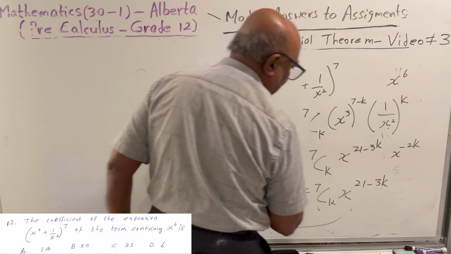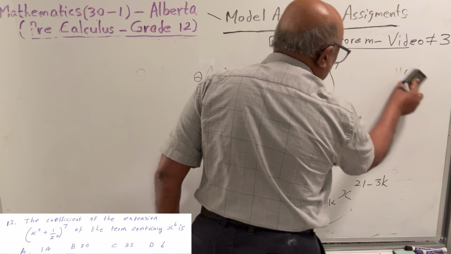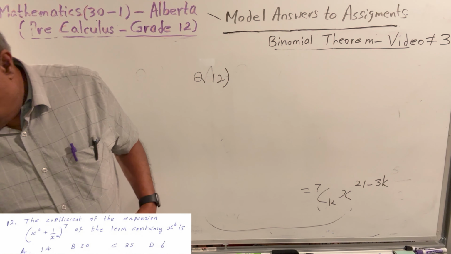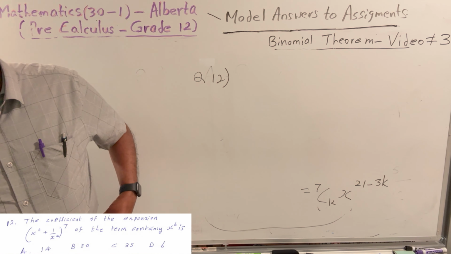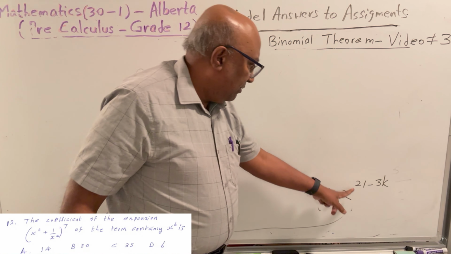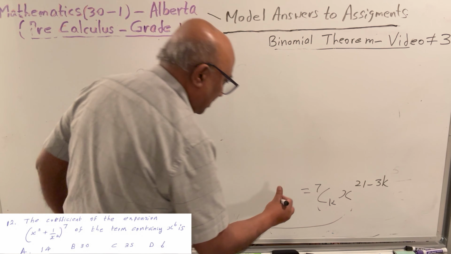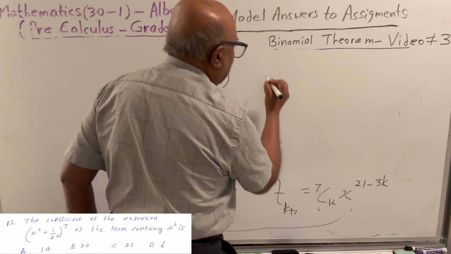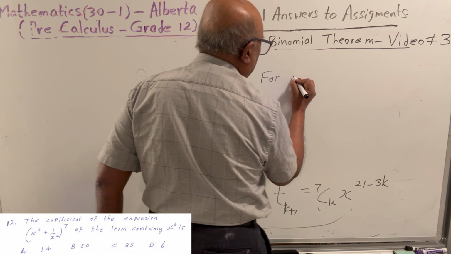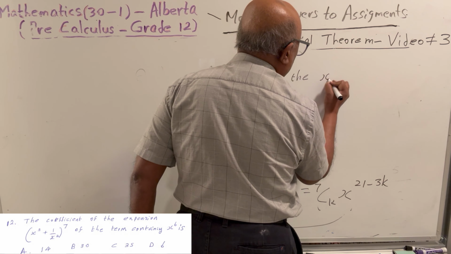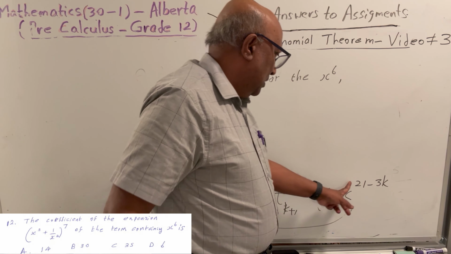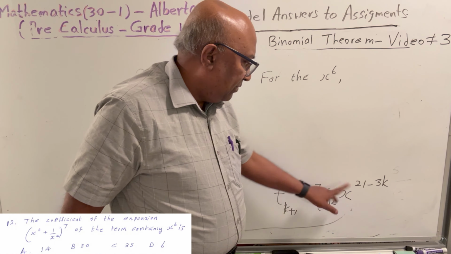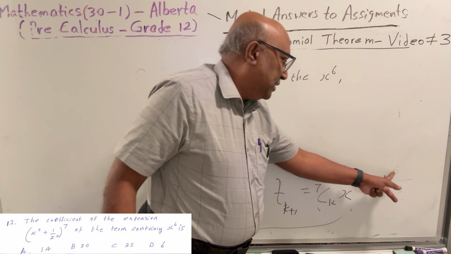Now what the question says, we have to figure out the term containing x^6. This is the general term. For the term containing x^6, the exponent of x should be 6, because we have isolated the x value in one place here.